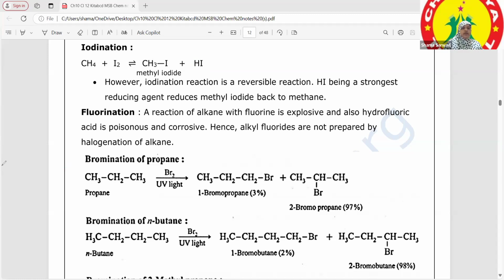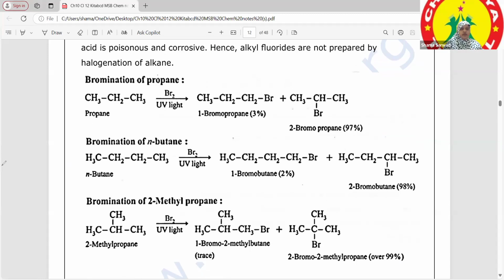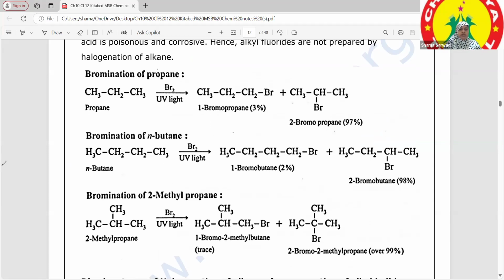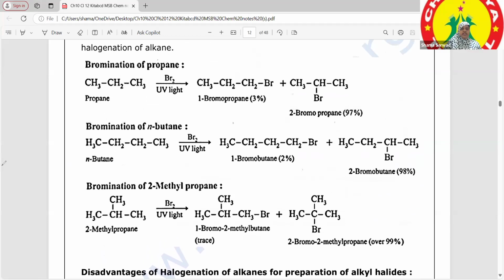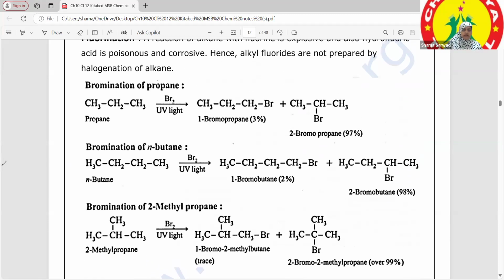Now see, we are going to see the bromination of propane, right? Bromination of n-butane and the bromination of 2-methyl propane. See what is given here and why all these products have been formed, that we have to check. Bromination of propane they have done. Propane is here, CH3, CH2, CH3, correct?